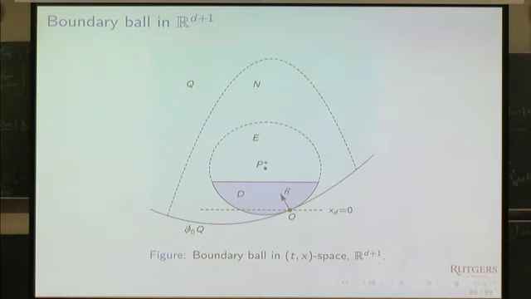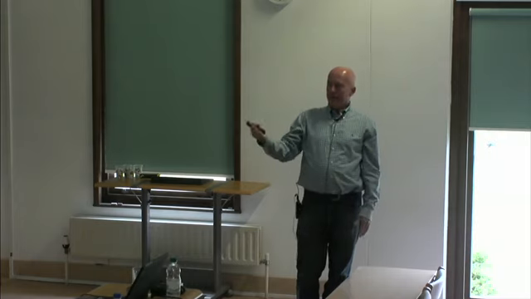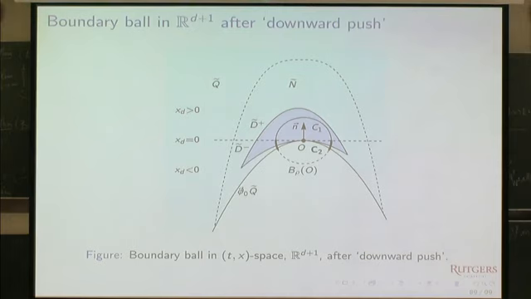So rather than use that, let's apply a coordinate transformation, which basically just pushes this picture downwards. We get something like this, where the colors represent where things have mapped to. And now this is the boundary of the upper half plane, and it's a little bit clearer to guess what a suitable barrier function is in this instance.